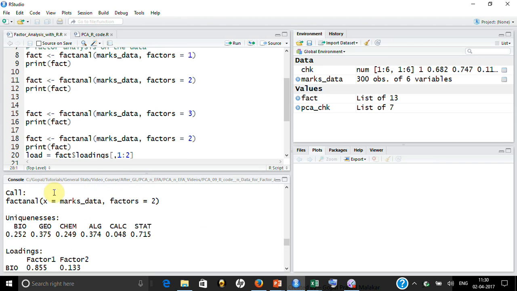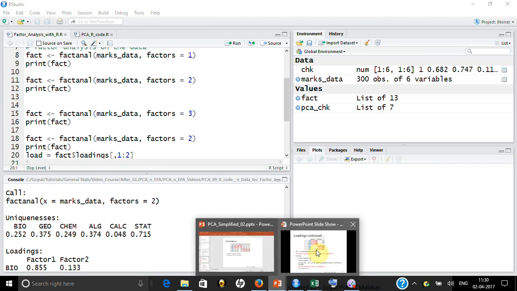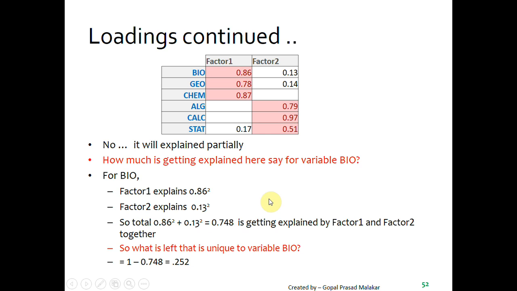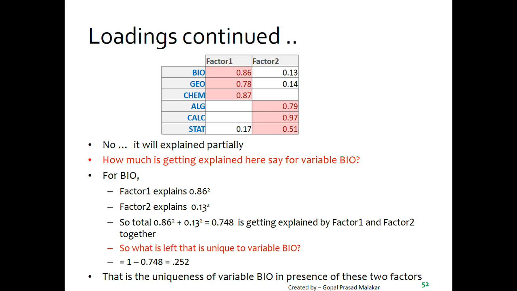If you look at the first thing it says, uniqueness, biology 0.252, which is very much what you are seeing here. So if you are taking just factor 1 and factor 2, 25% of the variance of biology is still unexplained. Similarly, we can calculate the uniqueness of other variables.